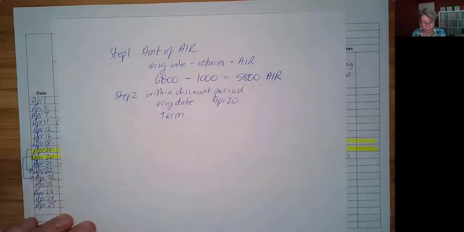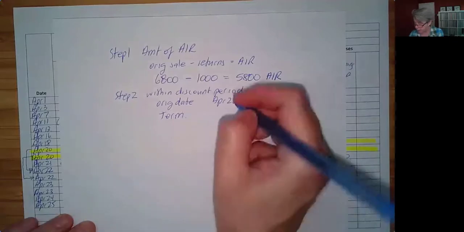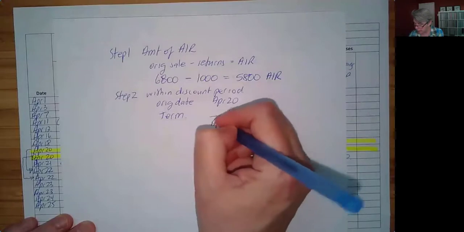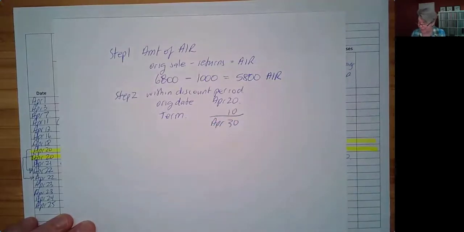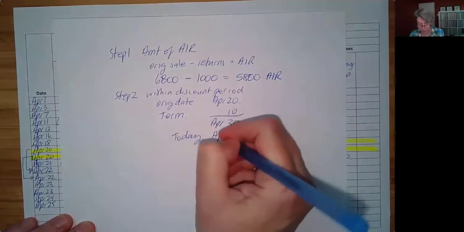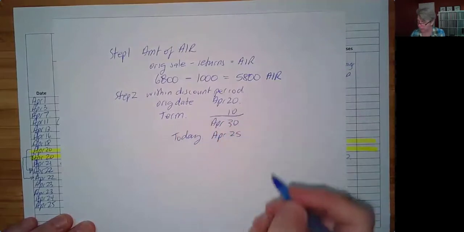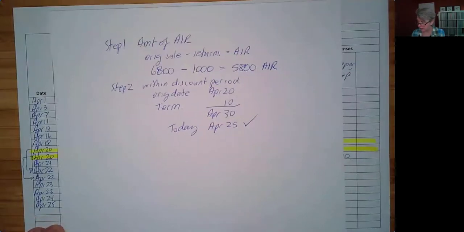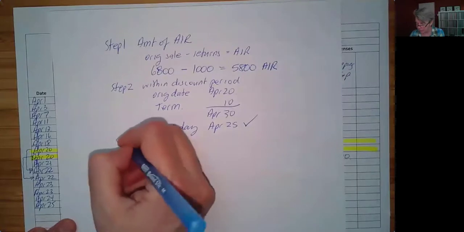We go back to April 20th and it says credit terms were 1/10. So that was in 10 days, so as long as it's by April 30th. What is today's date? Today is April 25th. So that means, yes, the customer is still within the discount period and they can take the discount.